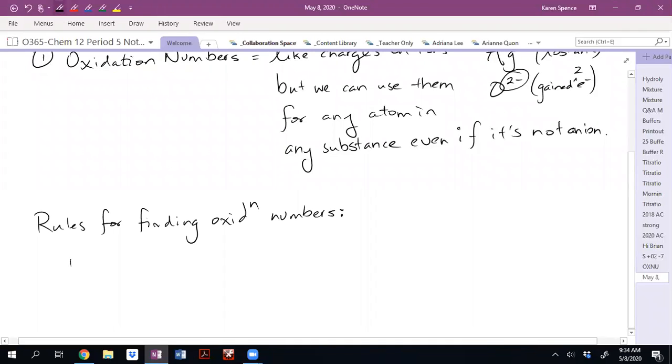And the first rule is if you have an element on its own, not in a compound.